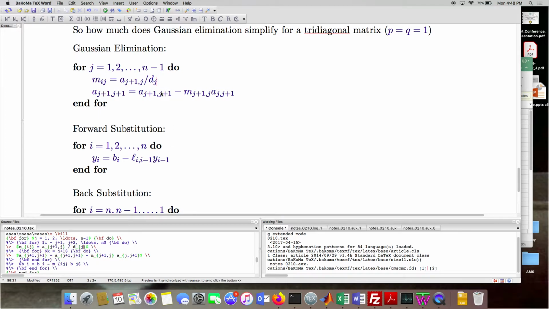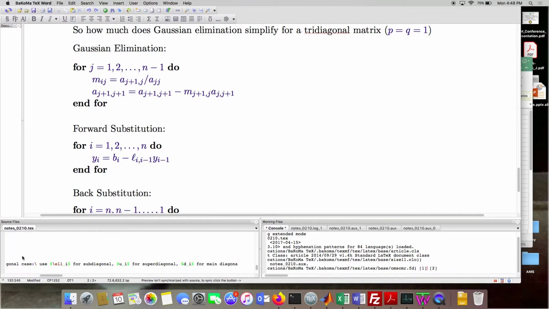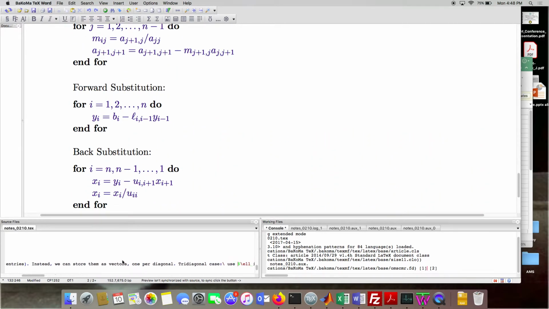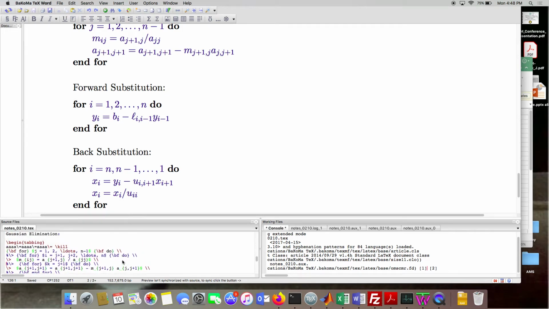So wherever I see a diagonal entry, I'll just go ahead and change that. Actually, you know what? I'm not going to do it right here. I'm going to make copies just so you can see both in the notes if you look at them later.